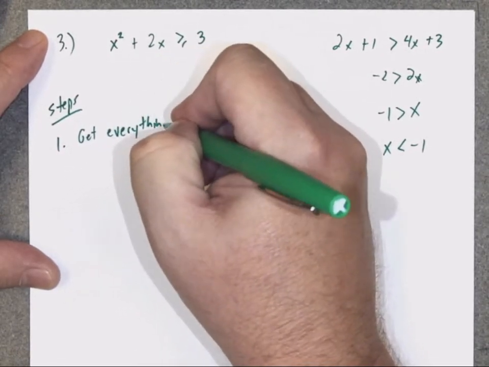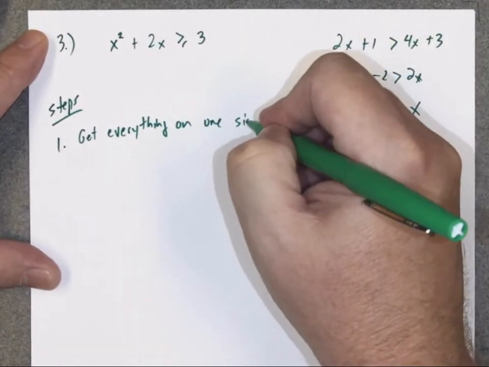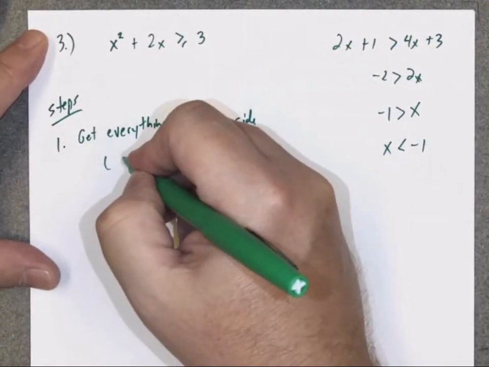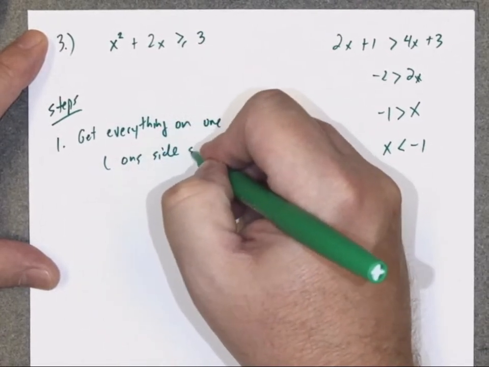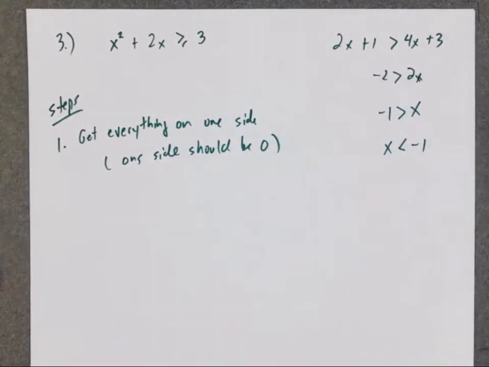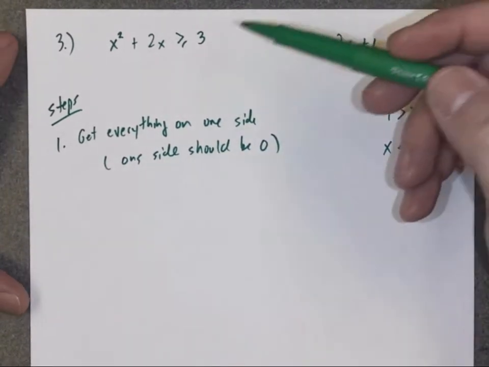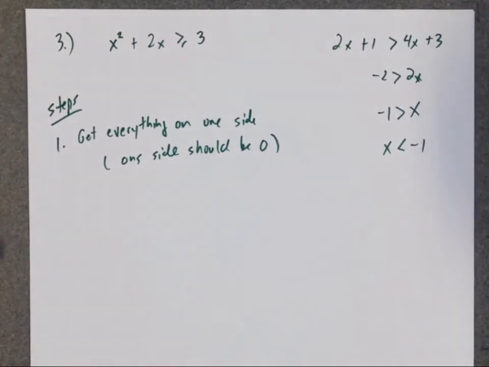First step, get everything on one side. In other words, one side should be 0. In a minute, when we do this problem, I've got to move the 3 to the other side.